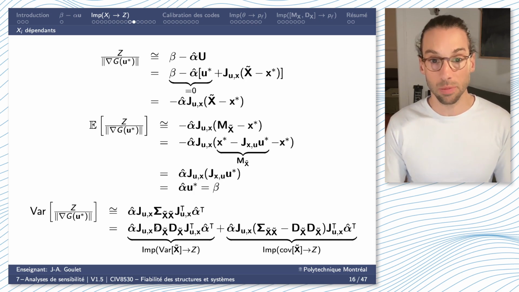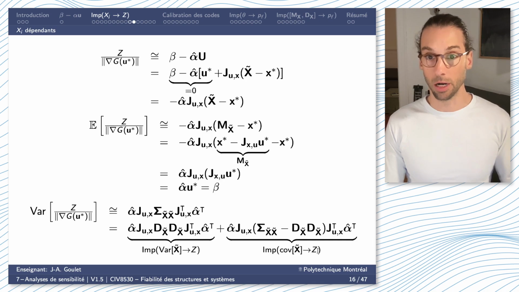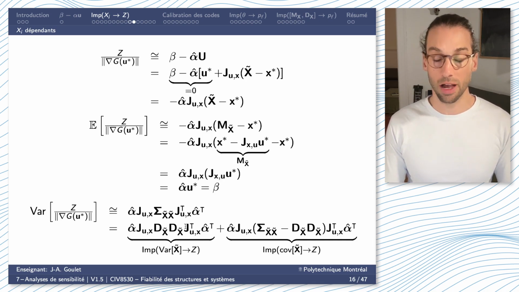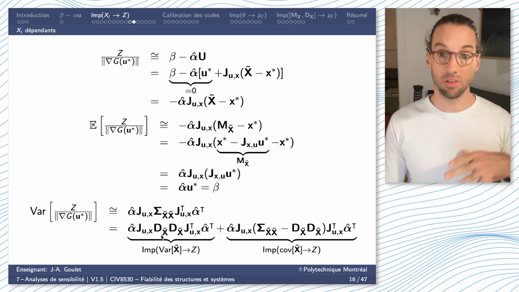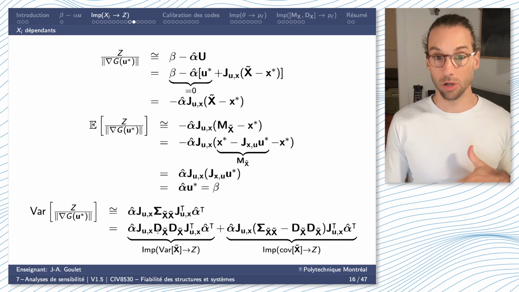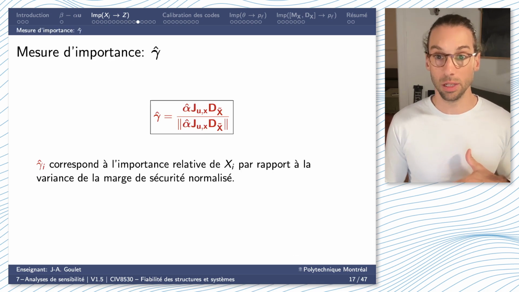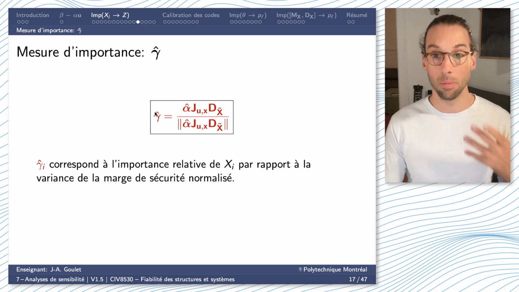The first term is simply the variance terms, and the second one is the full covariance matrix minus the variance terms I have here. So this is going to quantify the relative importance of the covariance in the normalized safety margin. What I have here is going to quantify the relative importance of the variance of each variable in that normalized safety margin. This is what we're going to use to build our gamma importance metric.